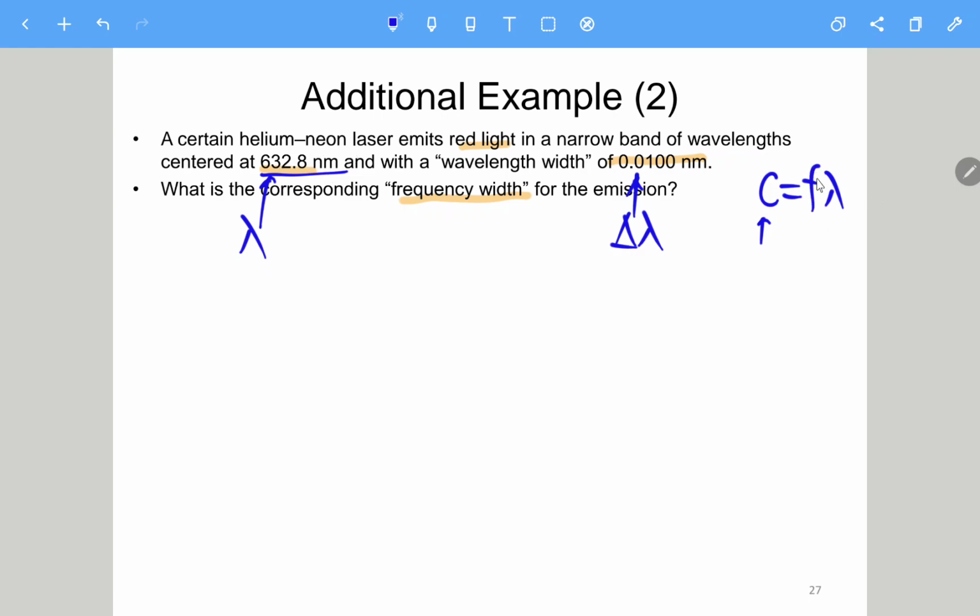Then you can calculate the frequency of this laser beam. But the problem tells you it has a wavelength width, which means the wavelength is not accurate enough.